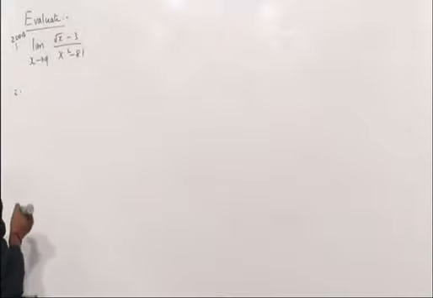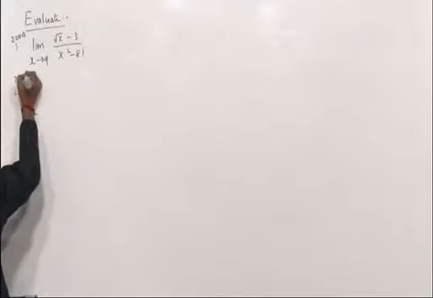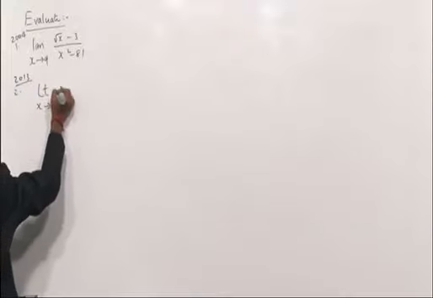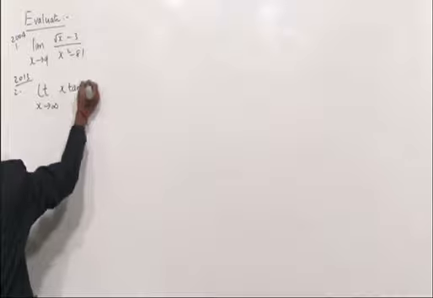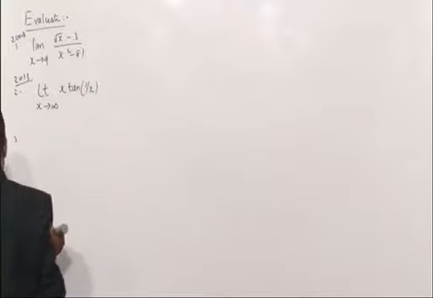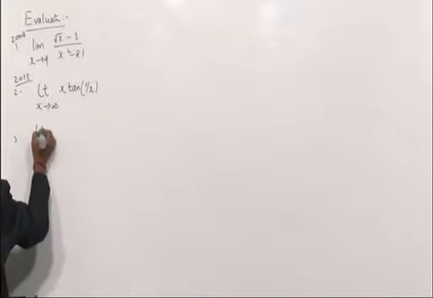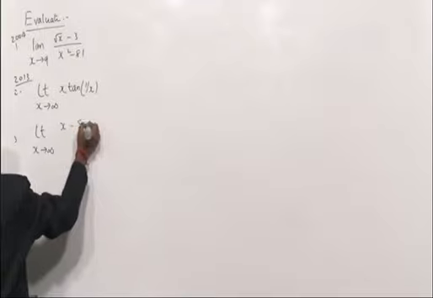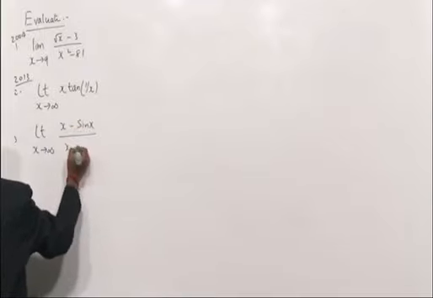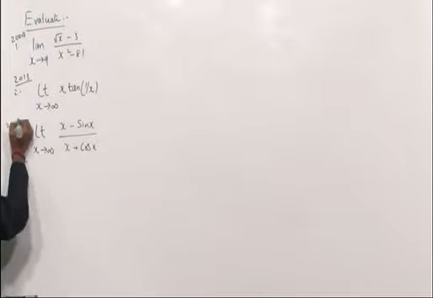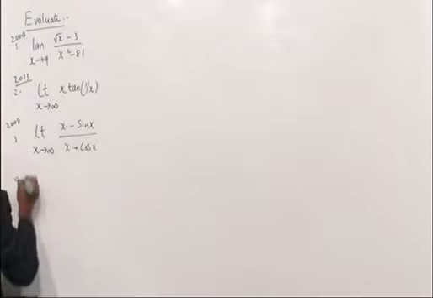2. 2013. Limit x tends to infinity, x tan 1 by x. 3. Limit x tends to infinity, x minus sin x by x plus cos x. This is 2008. 4. 1999.